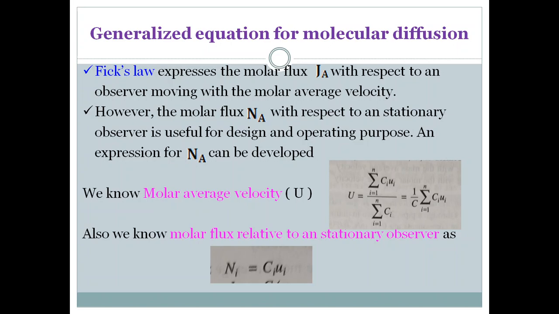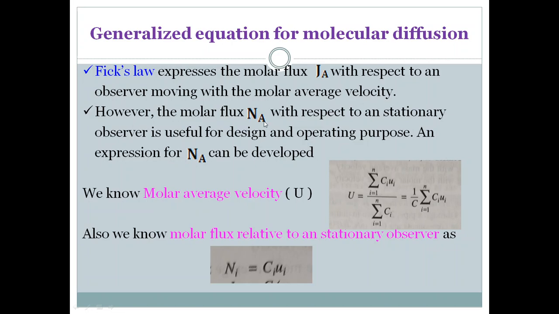Now with this Fick's law, we will develop one generalized equation for molecular diffusion which will be applicable for all the cases. Fick's law expresses the molar flux J with respect to an observer moving with the molar average velocity.